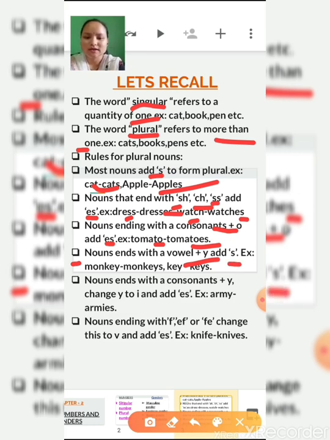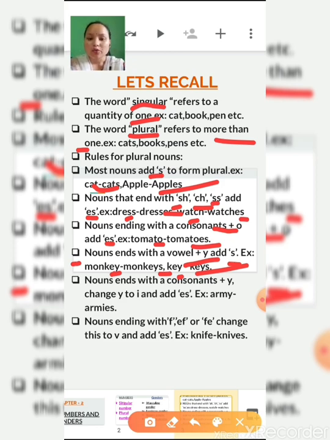Here you can see it is ending with y, and before y what is written? E. E is what, children? A vowel. A, E, I, O, U, these five are your vowels. So what have we added at the end? S. From monkey it has become monkeys. Similarly in the second one, keys.